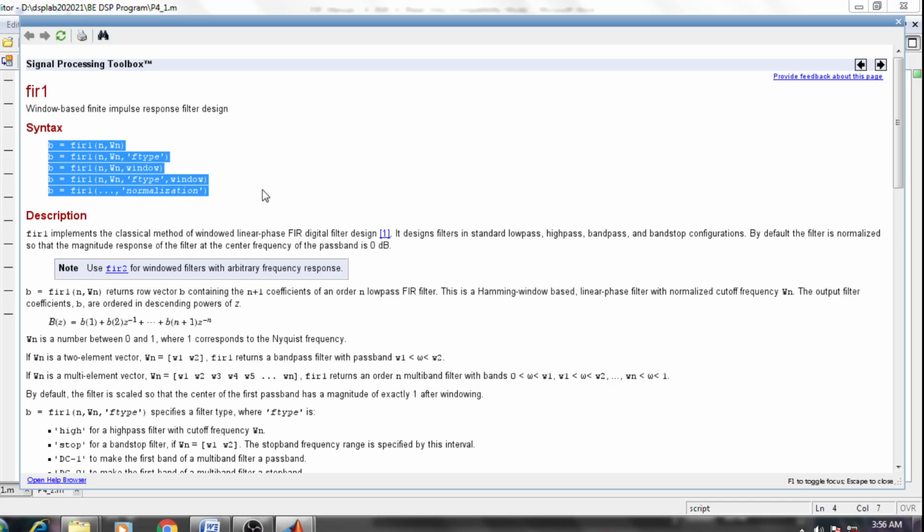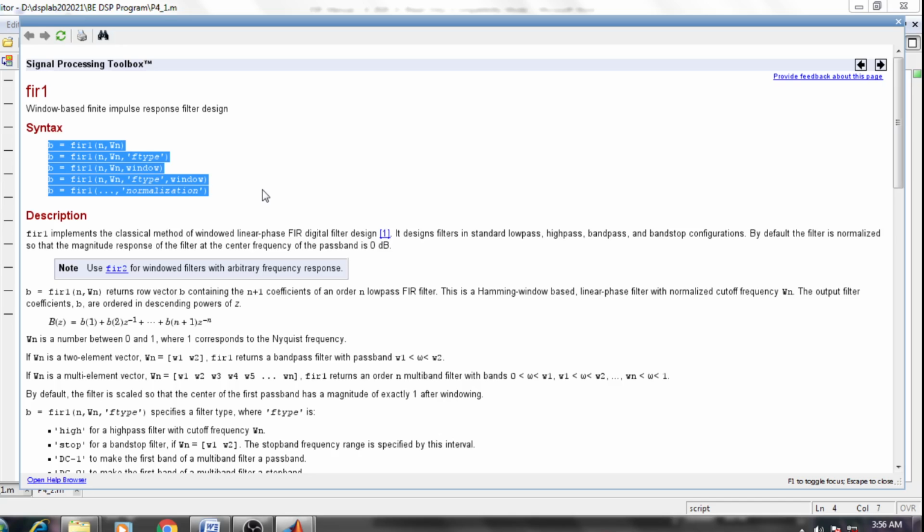It contains n plus 1 coefficients of the order n low pass FIR filter. It is a Hamming window based linear phase filter with normalized cutoff frequency.